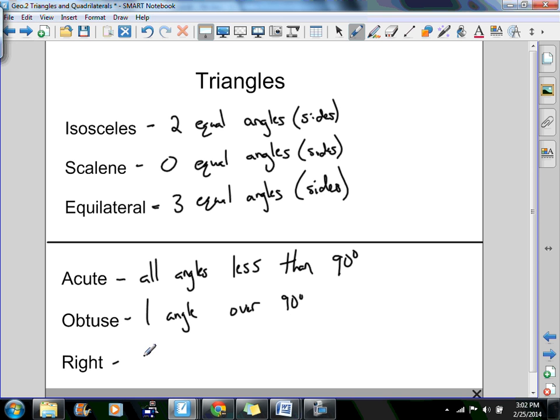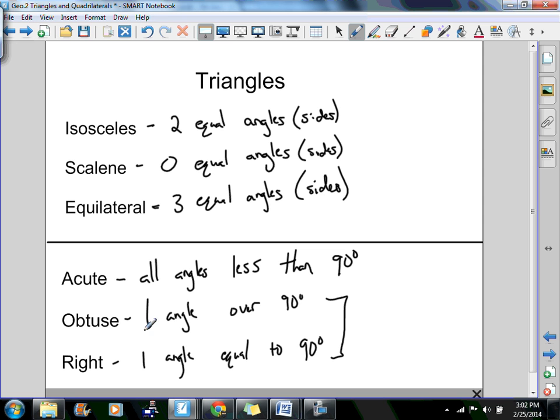And a right triangle has one angle equal to 90 degrees.